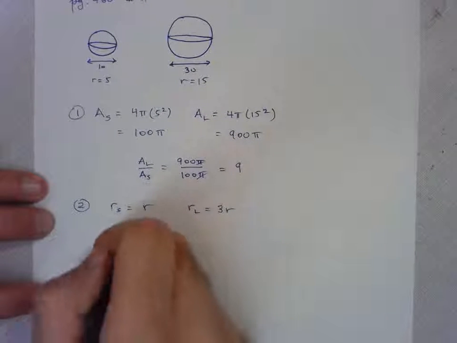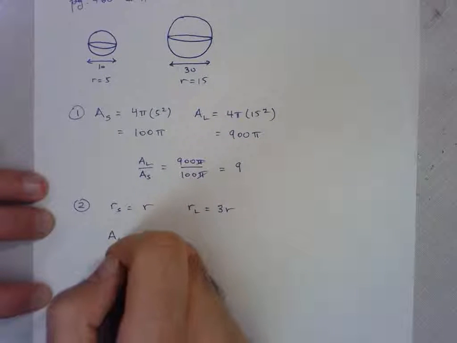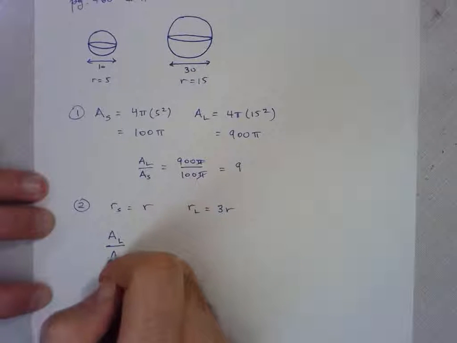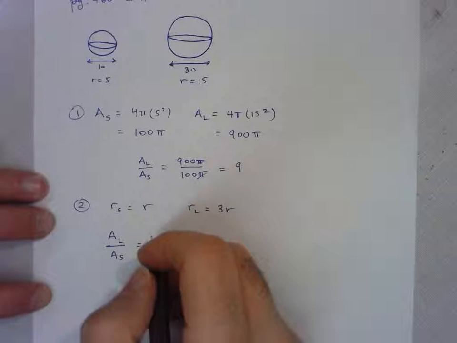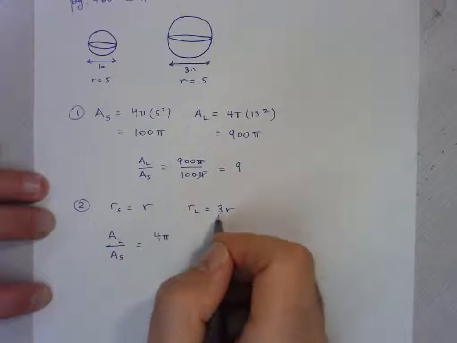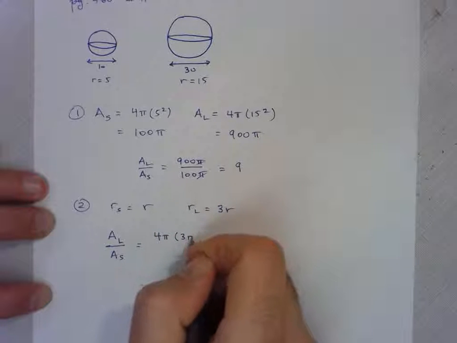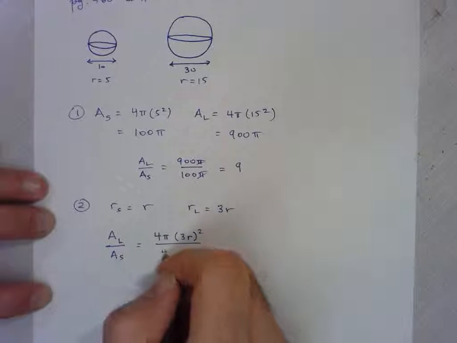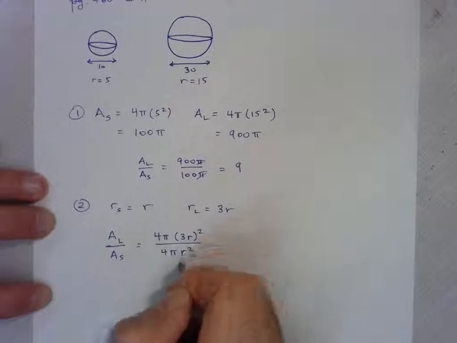And now I'm going to do the same thing. I have the area of the larger, and I'm going to divide that by the area of the smaller one. The area of the larger one is 4 times pi times this radius here, which is 3r squared, over the area of the smaller one, which is just 4 times pi times r squared.